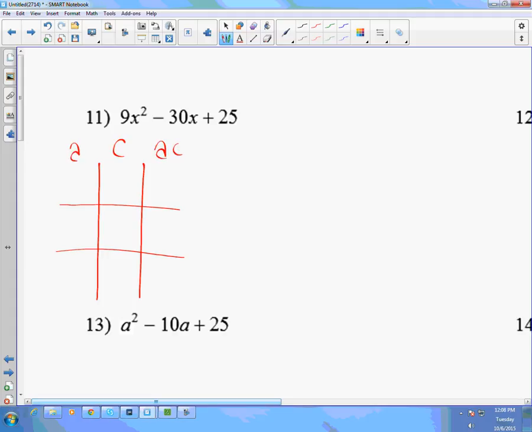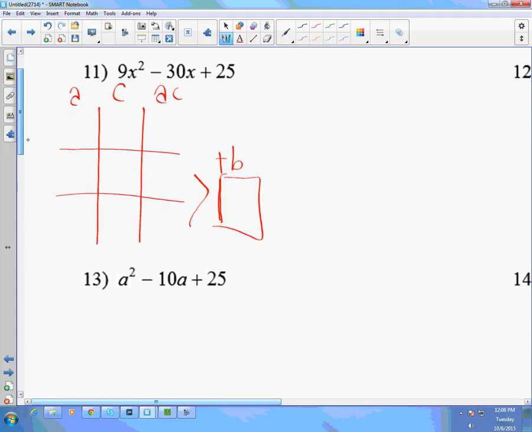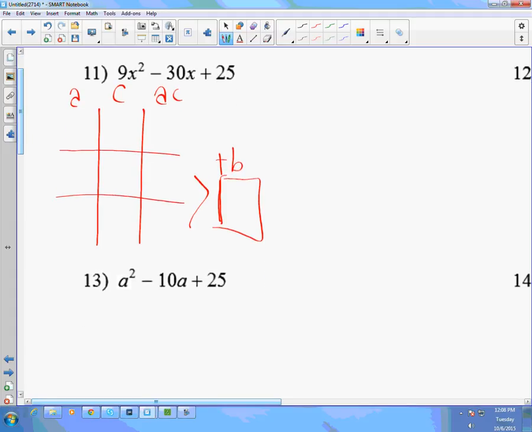Great. A, C, A times C, and we're adding to B. And B. What did I put here? Good.